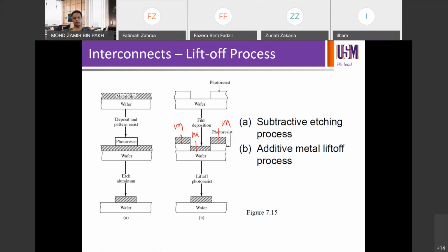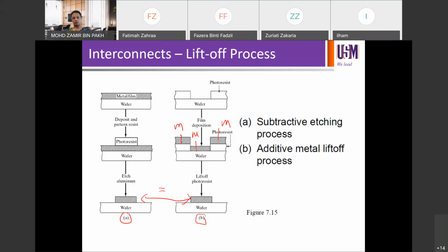So then you're going to end up with the very same structure on the wafer. If you compare the one on the left and the one on the right, they are exactly equal, right? They're the same, but they can be produced by two different routes. The one is subtractive etching, where you do metal deposition blanket, then only pattern the resist, and then you remove the contacts in the unwanted region.